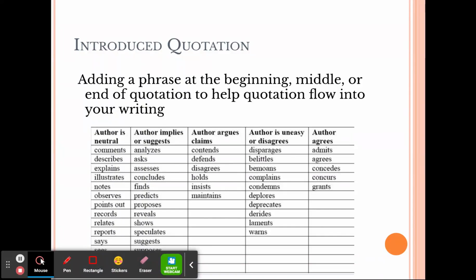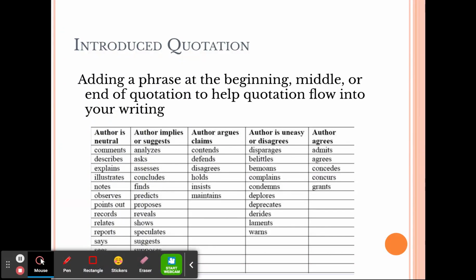So, to make your paper flow, one way of doing that is to include an introduced quotation. And this is first because this is the one that we're the most familiar with. This is the one that we do the most often because we're used to the ICE quotation model. So when you use an introduced quotation, you take your sentence that you wanted to use from the original source and you add some sort of introduction to it.